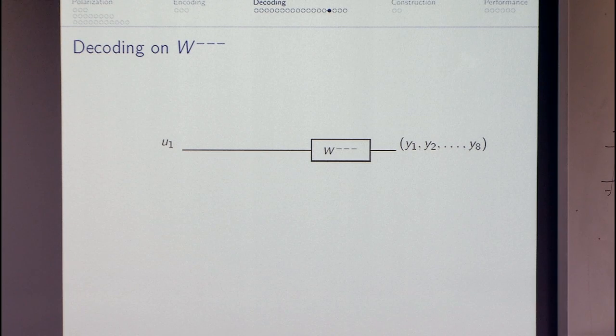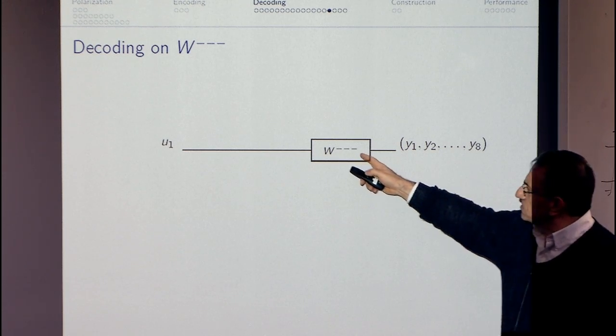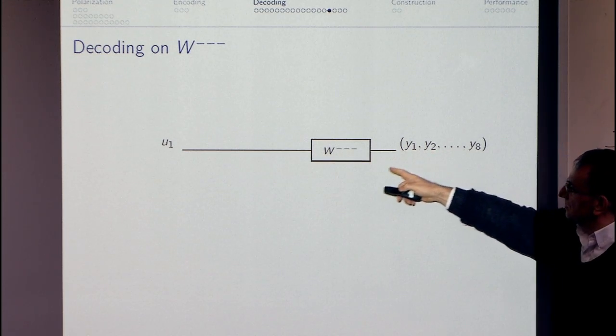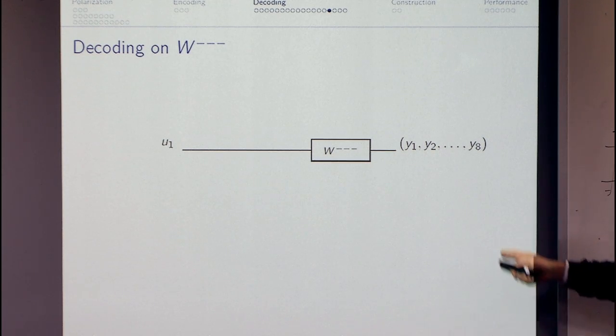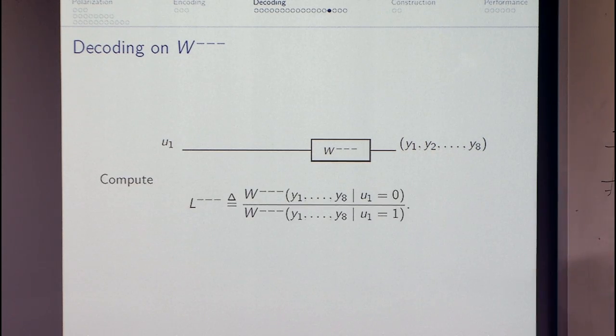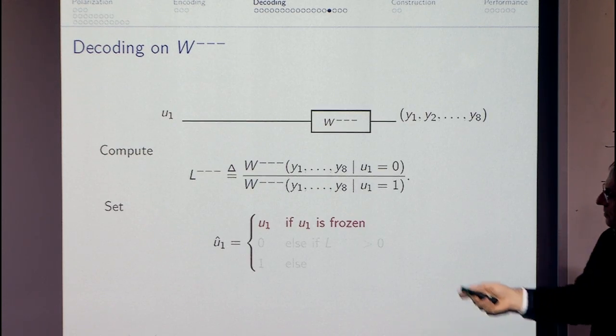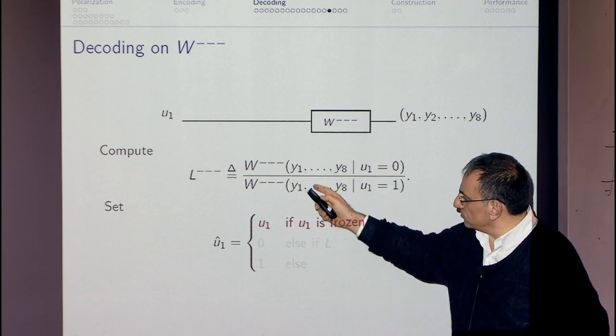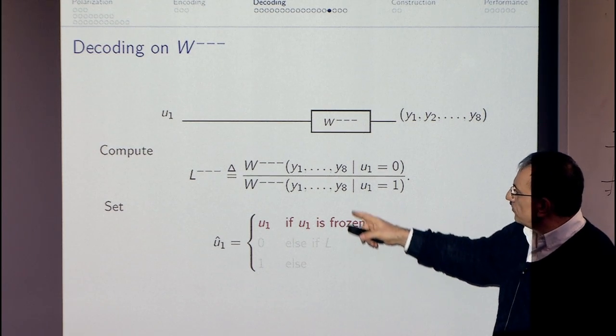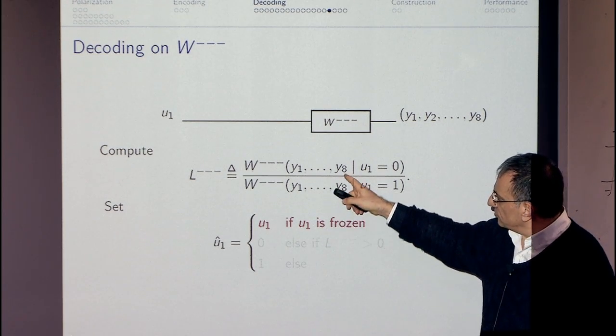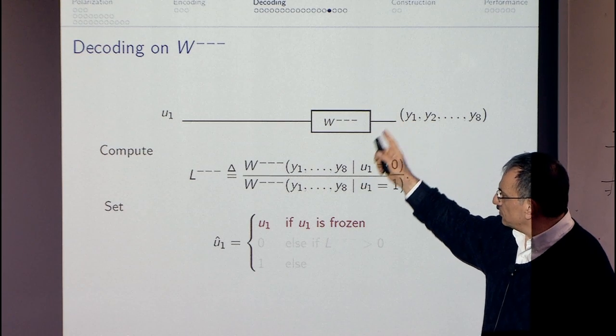And then finally, you have this one. The decision about U1 is made effectively using this channel and all the channel outputs. Okay, so this is the log likelihood ratio. If the bit is frozen, you ignore this, okay, and you never make use of it.